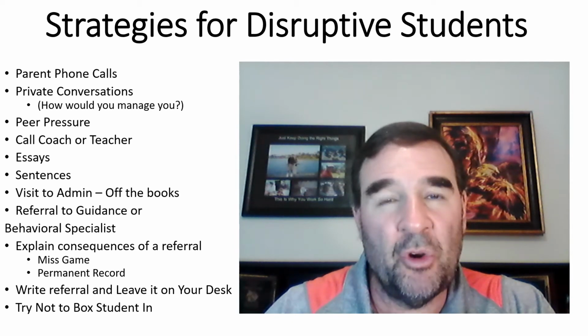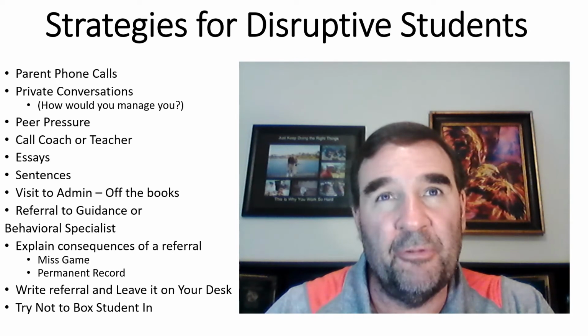And when I send him or her up, I'm not going to put him or her on referral right now. I want you to have a conversation with him or her and explain what's going to happen if they don't shape up. So this is off the books.